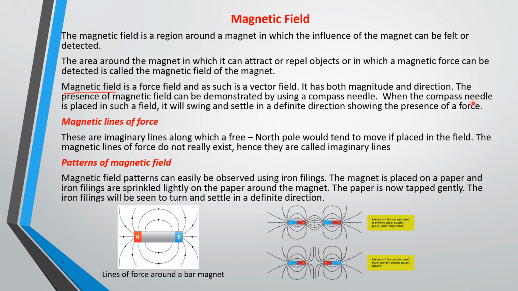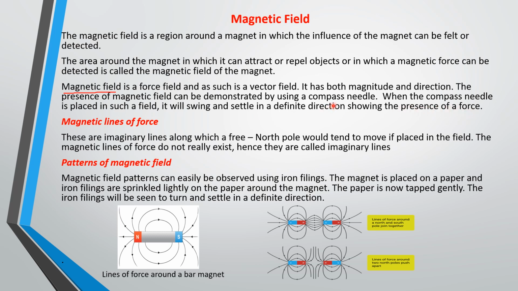When the compass needle is placed in such a field, it will swing and settle in a definite direction, showing the presence of a force. If you don't have a compass needle, you can use iron filings to detect the presence of a magnetic field.